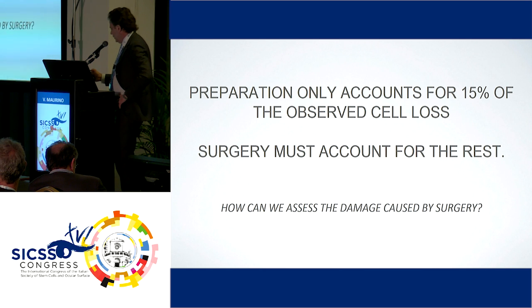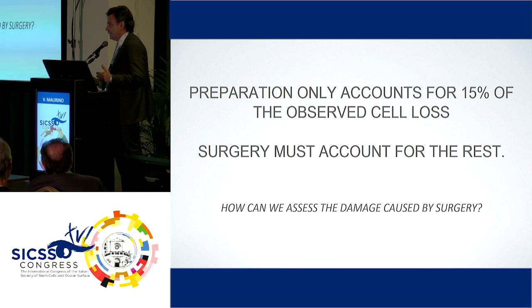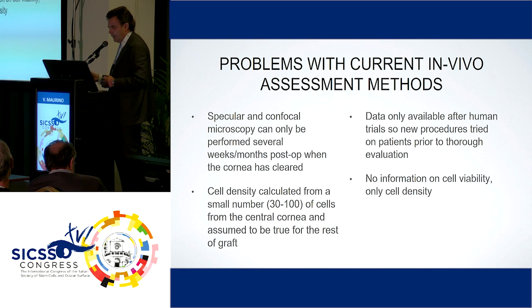So the preparation, more or less, we might say, accounts for 15% of the observed cell loss. The rest is caused by surgery. It might be interesting to see what happens when we have problems in unrolling. How many endothelial cells are actually lost?